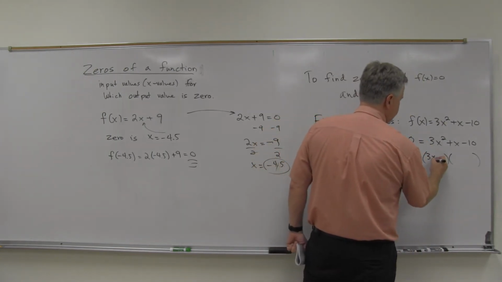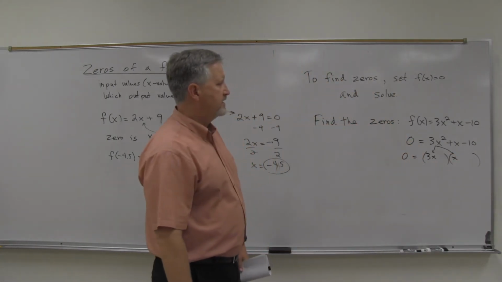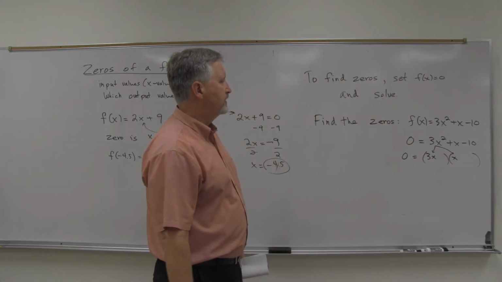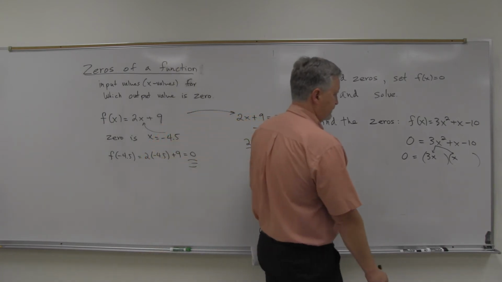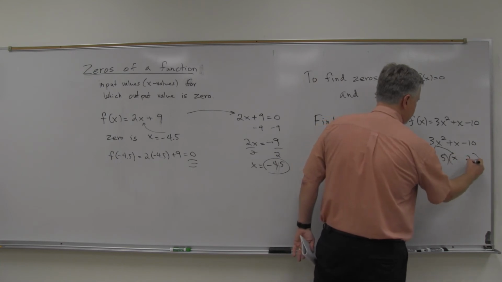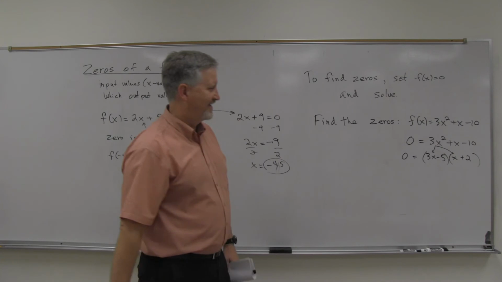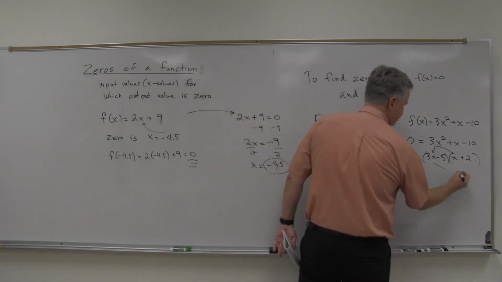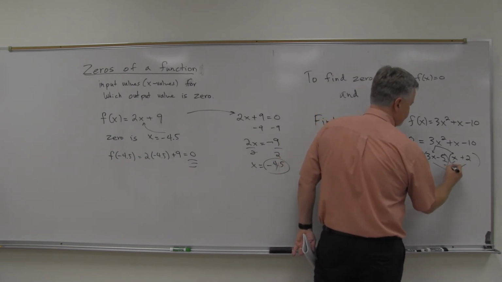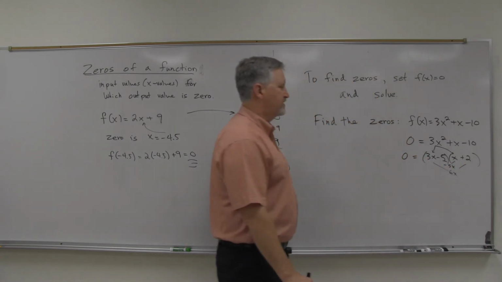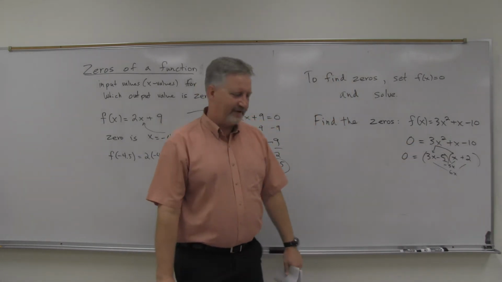So it'll be 3x and x for 3x squared. We got minus 10, 5 and 2, 10 and 1, about the only ones, right? Let's try 5 and 2, maybe 5 here and 2 here. And a minus and a plus. How do I know that's right? Well, 3x times 2 is 6x, and then minus 5 and x is minus 5x. What do those add to be? 1x, yeah. That's how I know that's right.